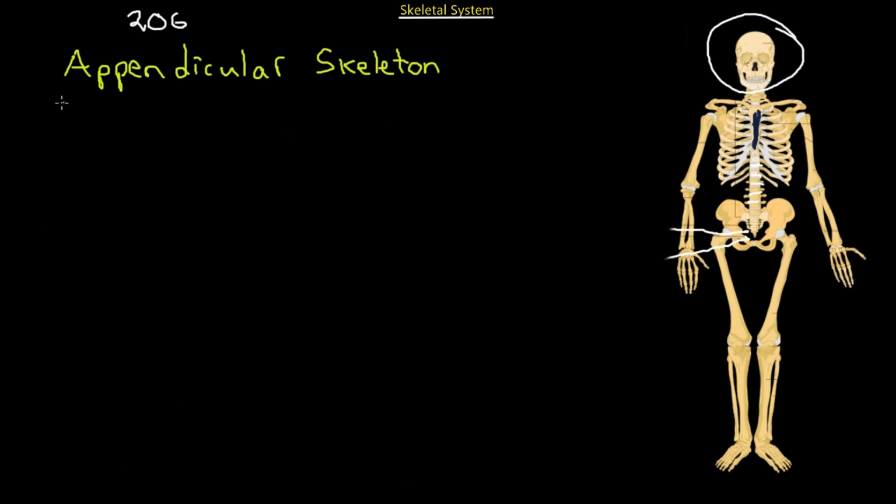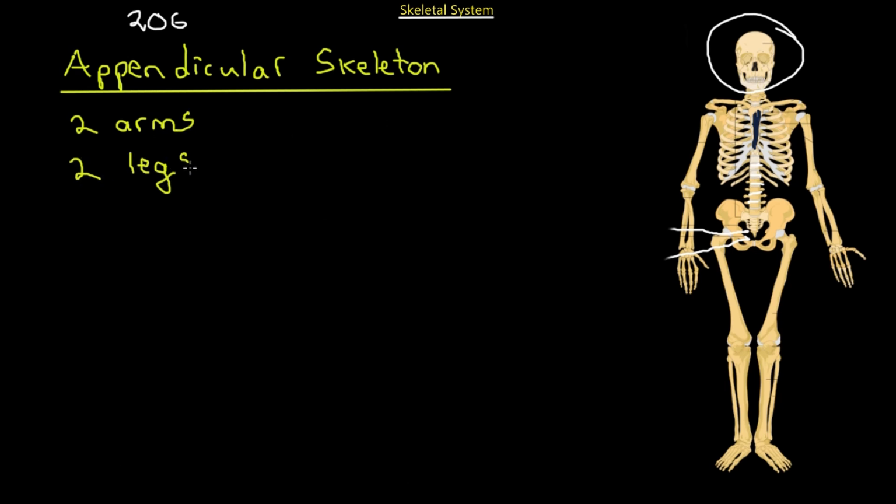The rest is the appendicular skeleton. This skeleton primarily encompasses the limbs. So we've got the 2 arms, 2 legs, and a bone called the clavicle.